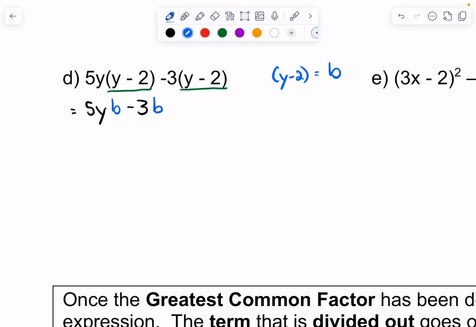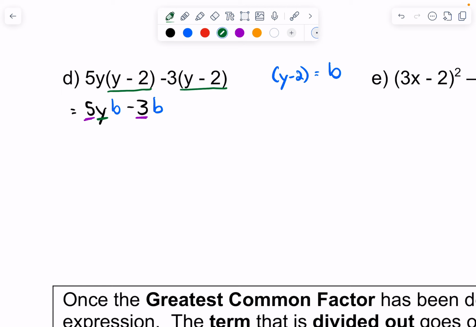It's easier to see. Now when we look at the two terms, look for your GCF. In this case, the numbers 5 and 3 have no common multiple, so there's nothing that you can pull out of them. This y, there is no y on the second one.